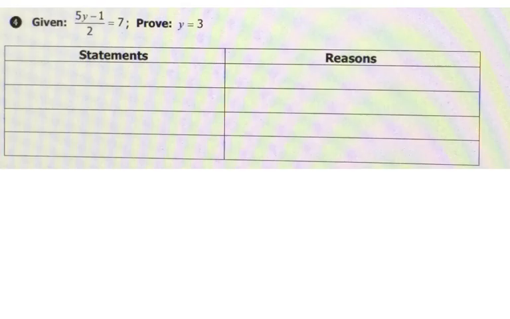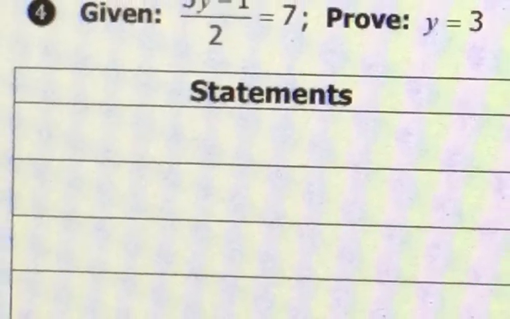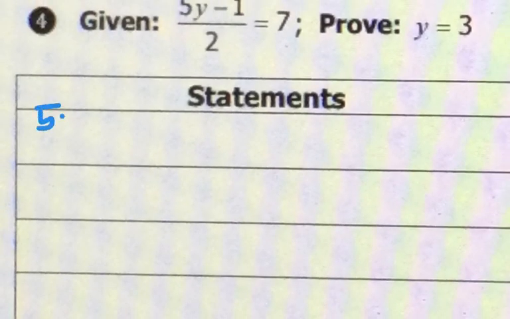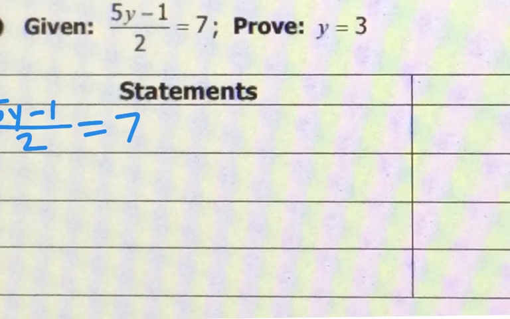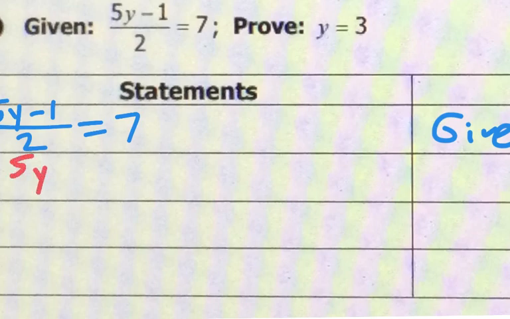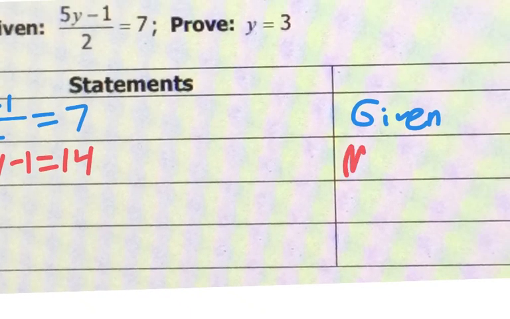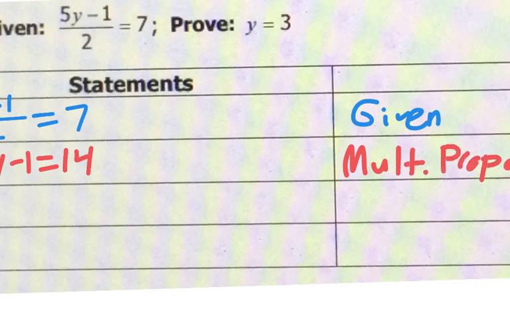Okay, so first thing, we have writing the problem down. 5y minus 1 over 2 equals 7. And the reason was given. Then what would we do next? We would multiply by 2. And the reason was the multiplication property of equality.